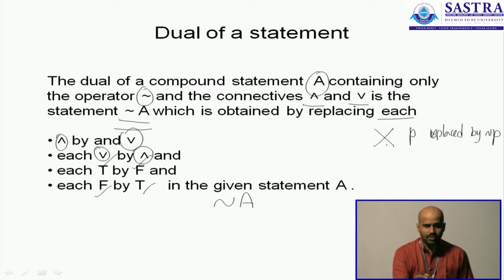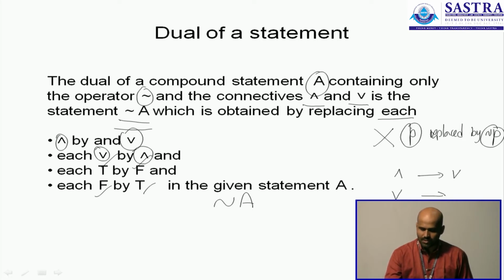As the definition tells you, you only flip the connectives, which are either disjunctions or conjunctions, and you flip completely true statements or completely false statements. You will never mess around with the actual statements that are given. So a conjunction becomes a disjunction, and vice versa. A completely true statement becomes a false statement, and vice versa.